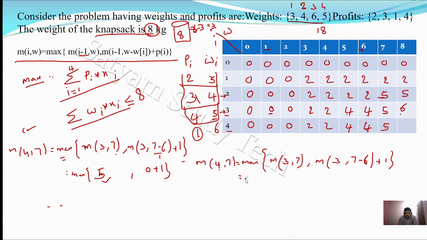So here it is the maximum of m of 3 7, whose value is 5, then 3 comma 1, whose value is 0, so 0 plus 1 is 1. Here the maximum is m of 3 7.